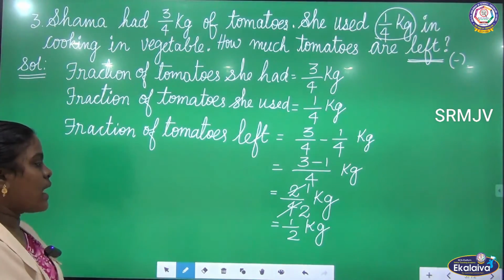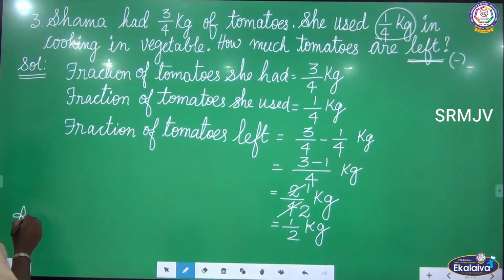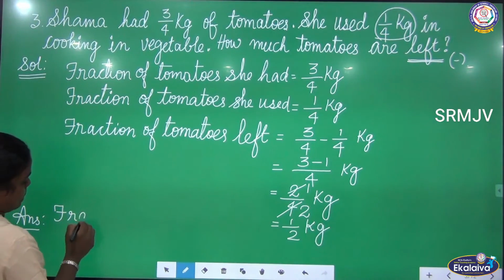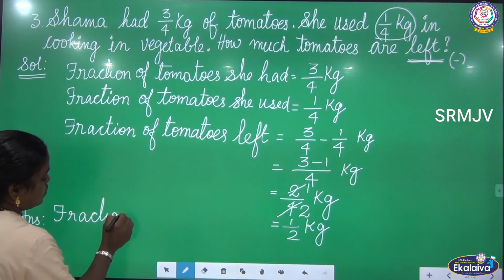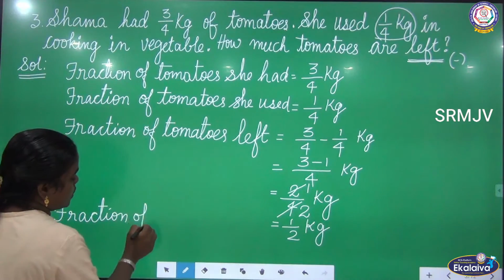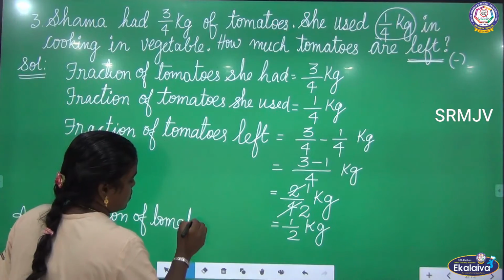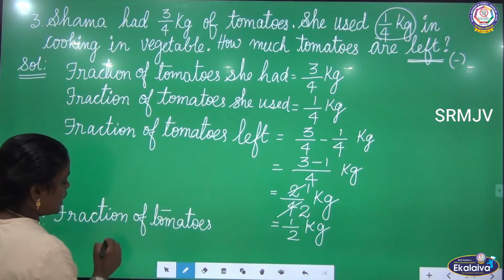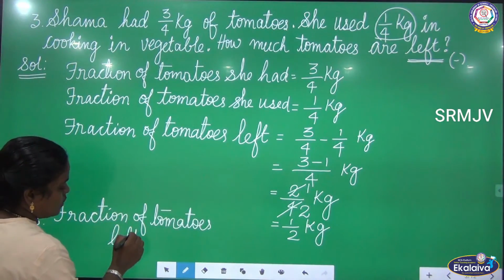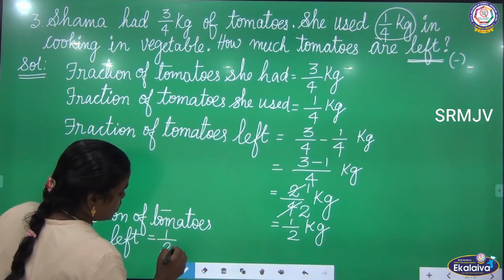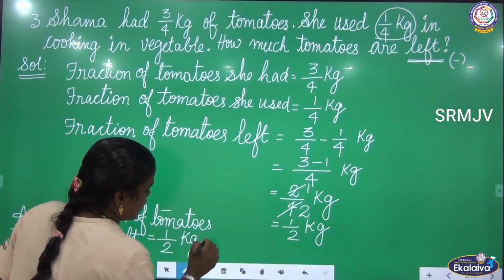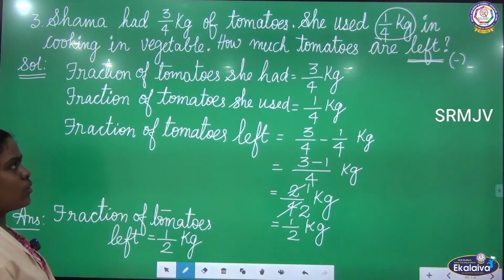So let us write the answer. Fraction of tomatoes left equal 1/2 kilogram, that is half kilogram.